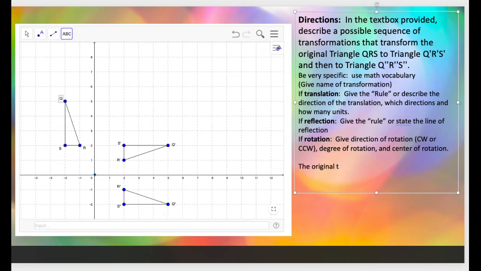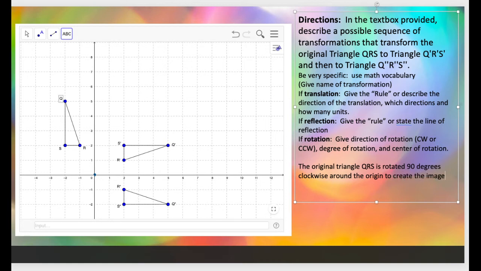So the original triangle QRS is rotated 90 degrees clockwise around the origin to create the image Q prime, R prime, S prime.